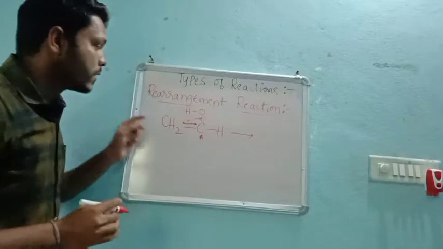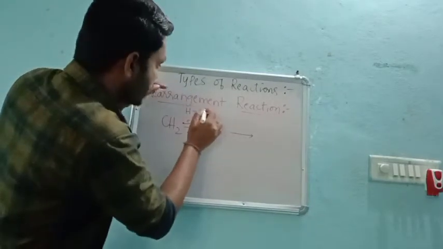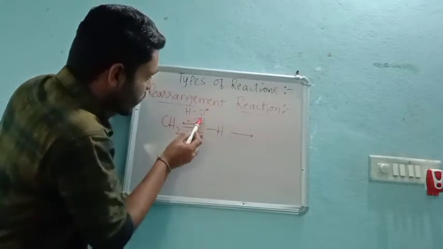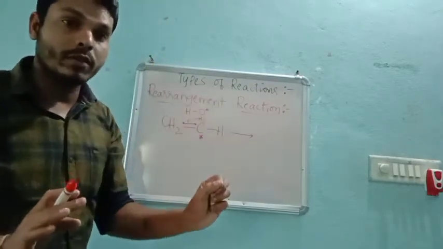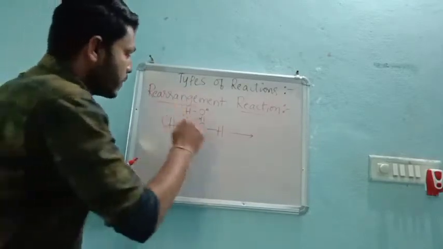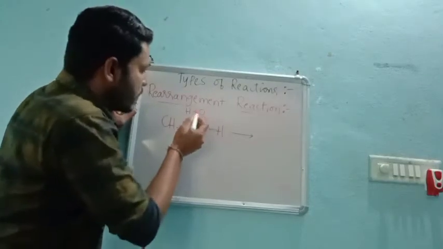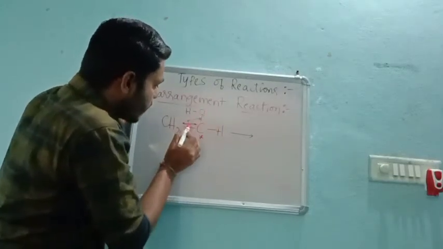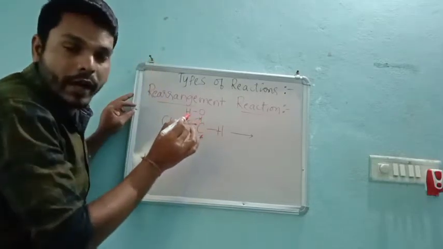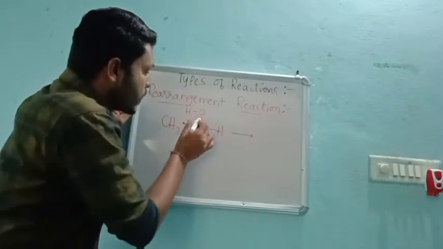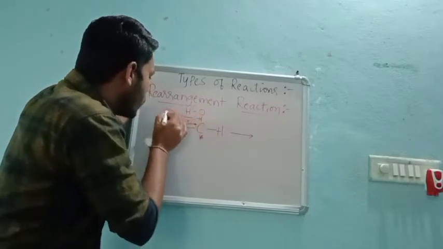I will rub this. So now, how many bonds are present around the oxygen? You see this oxygen. That means 1, 2, 3. It cannot tolerate this many bonds. So that's why, when we move this pi electron or pi bond towards the oxygen, then this oxygen releases the hydrogen.